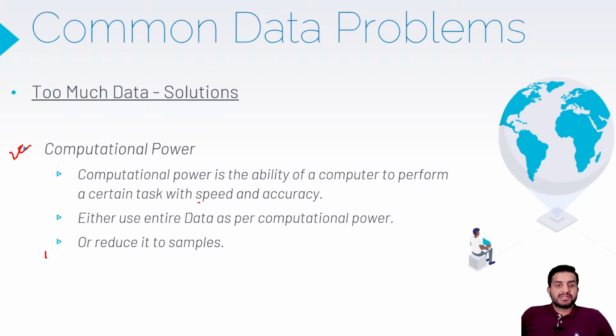But the end objective is, if I have to process the enormous data, I need to have the infrastructure. So computational power is going to play a very crucial role here. And if we are not going to do in that direction, that abundant data is of no use, I have to reduce it to samples, to smaller chunks, so that it can be consumed.